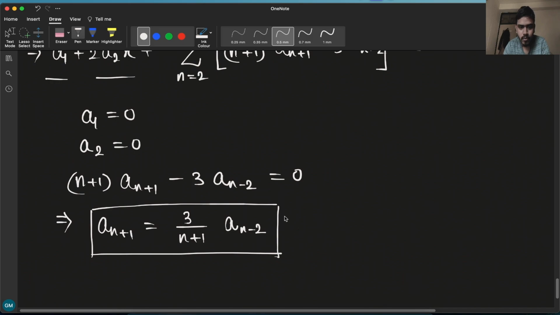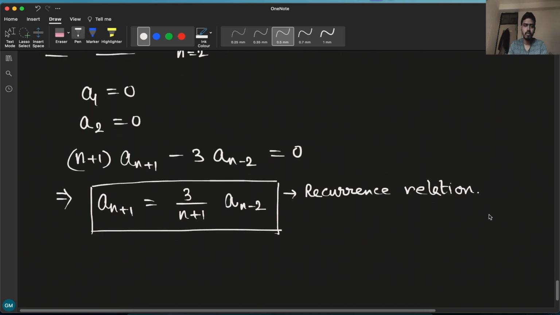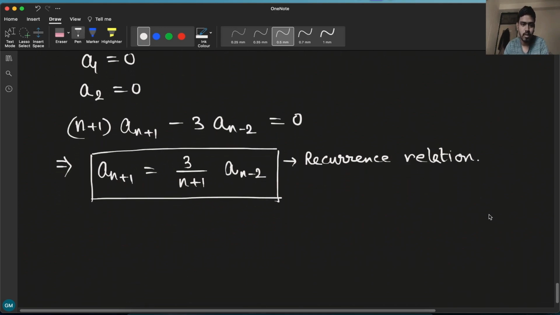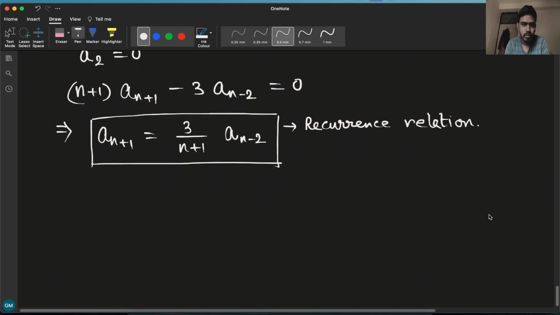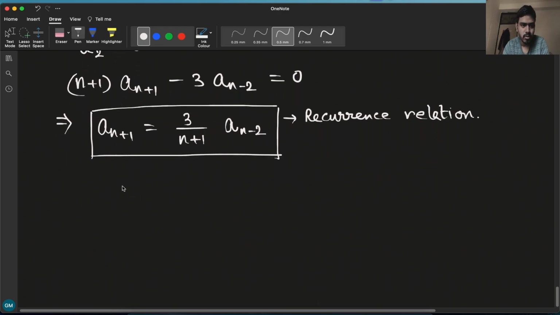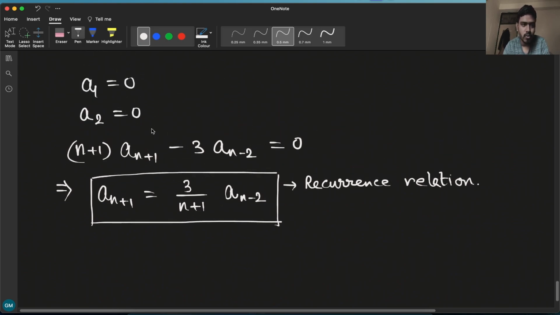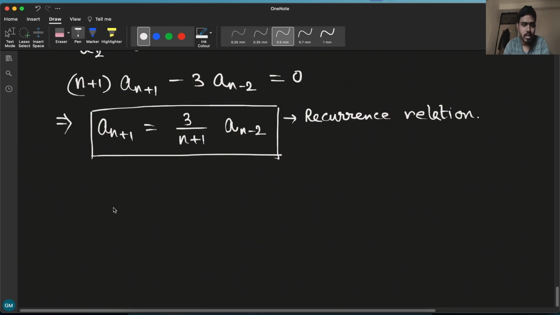So this is our recurrence relation. Good. Now, we already know that a1 equals 0 and a2 equals 0.